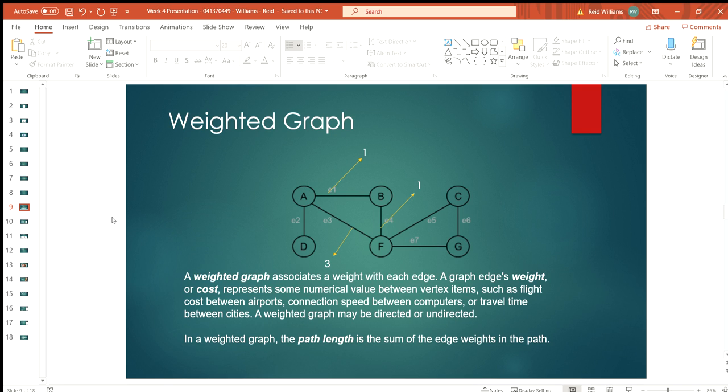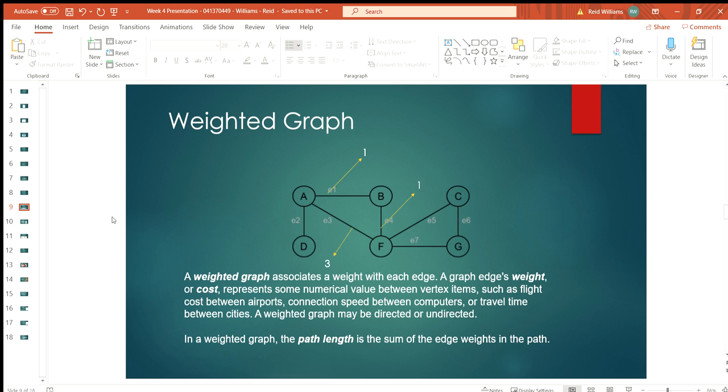Here, the edges E1 and E4 are only weighted as 1 each, and therefore it would only be a weight of 2 to get from A to F, whereas E3 is weighted as 3, and therefore would take a weight of 3 to get from A to F. Therefore, the shortest distance from A to F is actually E1, E4, not E3, which is kind of an interesting thing about weighted graphs.